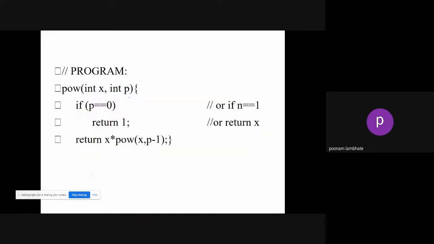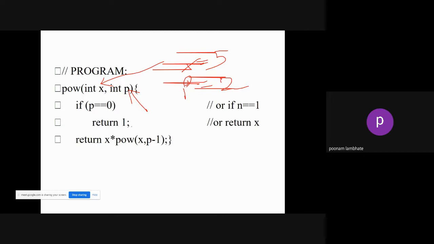So let's see here how we have executed it. So first, what we will do, we have passed the base value, that is 5. Suppose x is equal to 5, and then we have passed the power. Suppose power is equal to 2. That means we want to find 5 square.